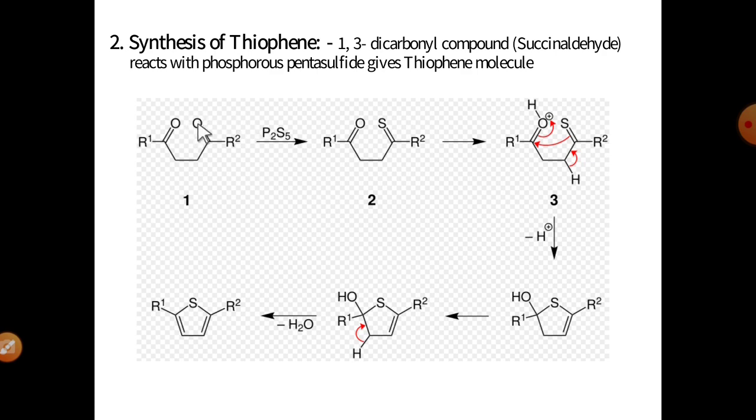There is a substitution of one oxygen by sulfur, meaning a replacement of oxygen by sulfur. The same condensation mechanism follows, and after this mechanism it gives finally this thiophene derivative. This is the synthesis of thiophene by the Paal-Knorr synthesis method. It is a reaction similar to that of the furan molecule.